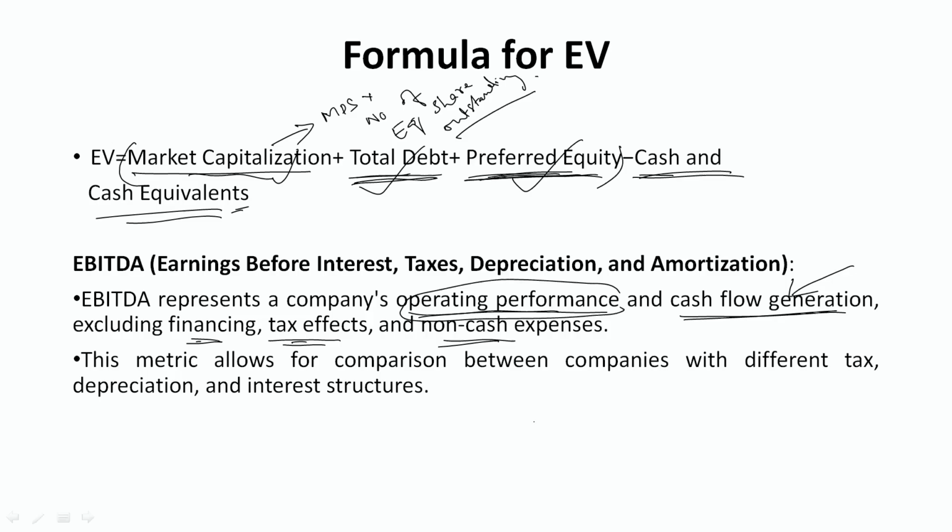So here you should understand one thing, that whenever revenue is generated, sales is generated, this sales revenue includes the total cost which the company incurs to manufacture the product plus the margin, the profit margin.